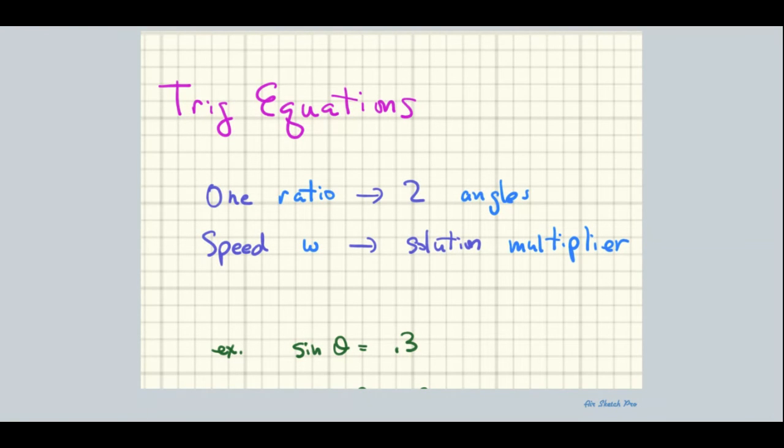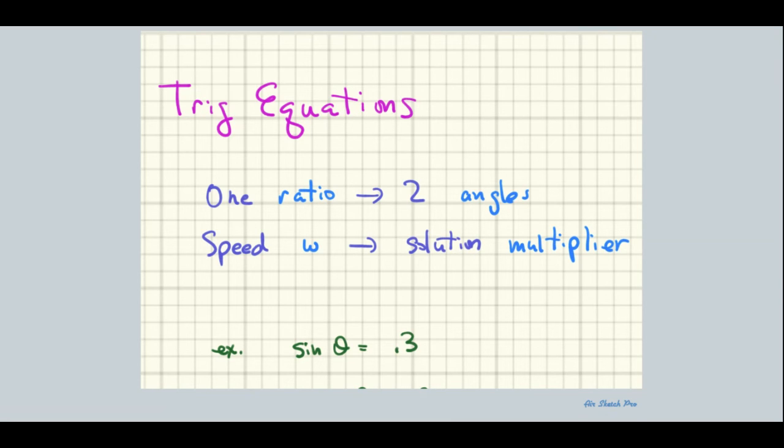When I have an angular speed, this was all with sine theta, right? I'm expecting two solutions, but if I put an omega in front of that theta, a number in front of that theta, that's going to multiply the number of solutions by omega. Speed is a solution multiplier. And that's how this works.